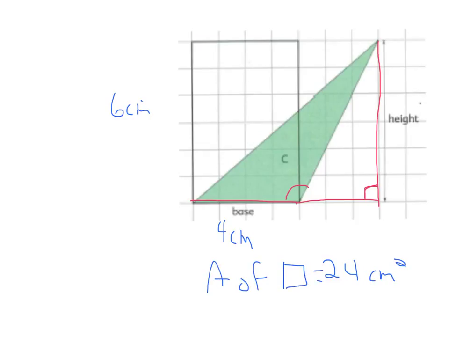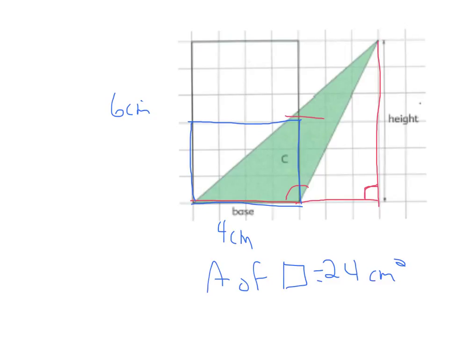Which means that if we have been saying that the triangle takes up half of its related rectangle, a rectangle with the same base and the height, then it should be able to fill up this space. And like I said, this is going to be very, very difficult to demonstrate on here.